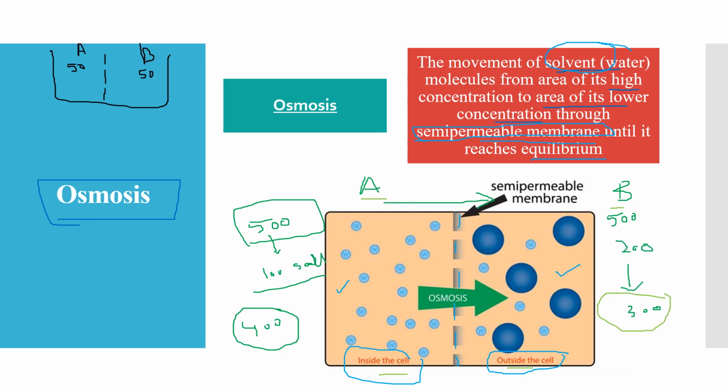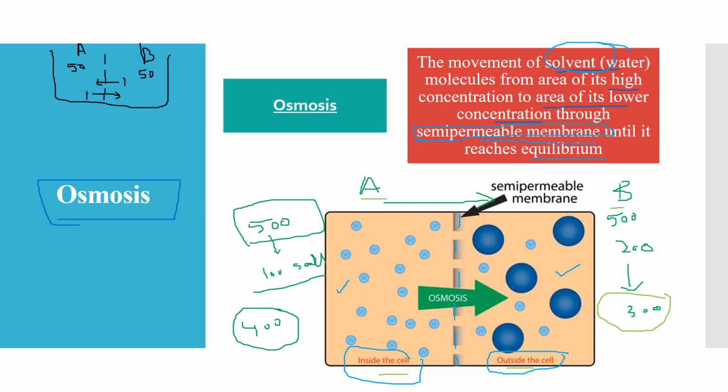No net exchange means if one molecule goes from compartment A to compartment B, then one molecule goes from B to A. So there is no net movement of water molecules. So this state is called equilibrium.